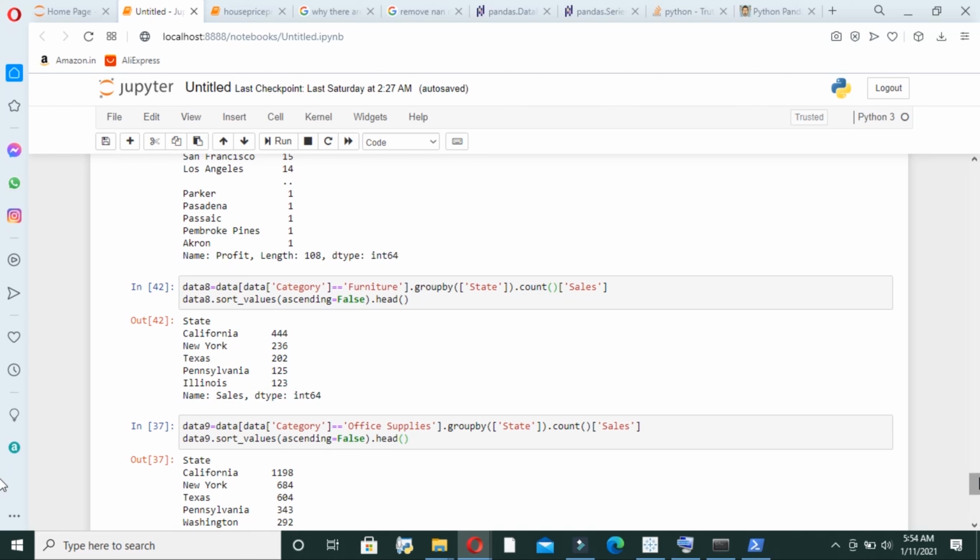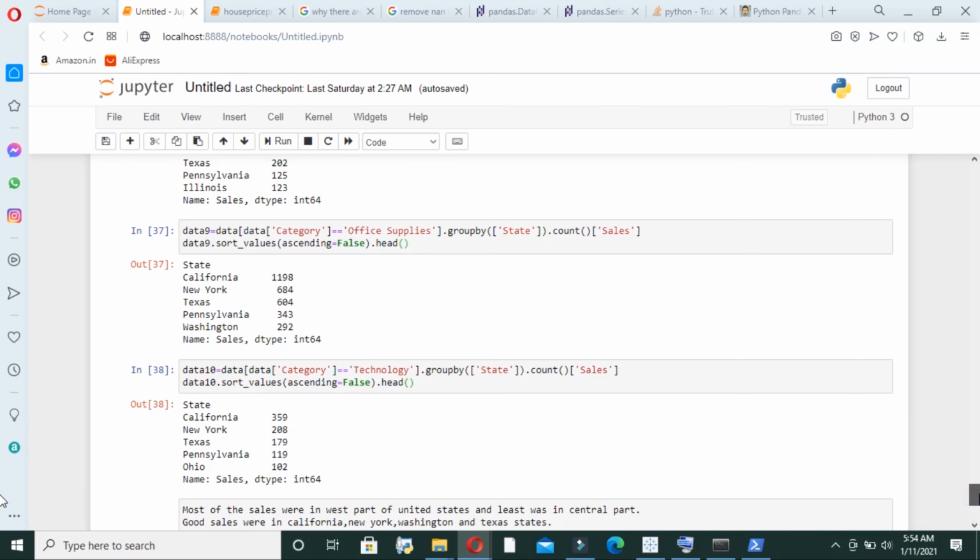After that, I found the number of sales in different states in the category office supplies. The most sales were in California with 198, then New York, then Texas, then Pennsylvania, then Washington.